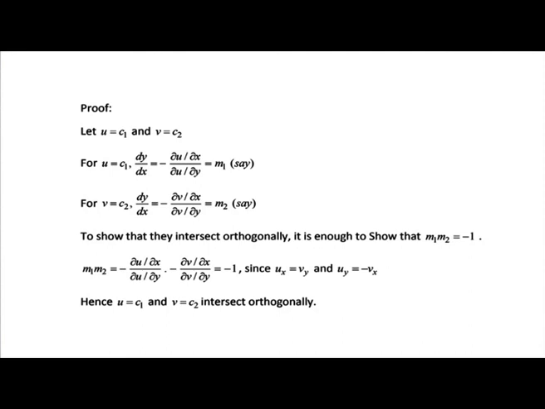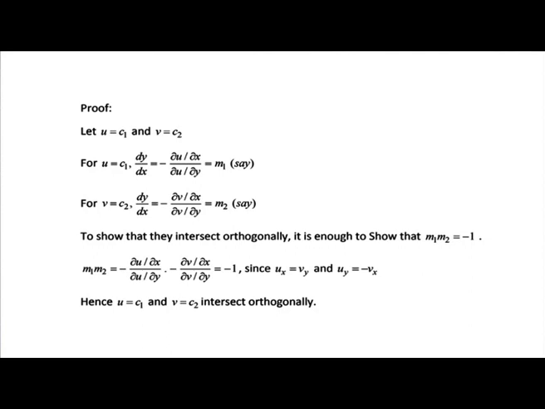Now, to show that they intersect orthogonally, what do you have to prove? You have to prove that m1 into m2 is minus 1. So, m1 into m2 in this case becomes minus dou u by dou x by dou u by dou y into minus dou v by dou x by dou v by dou y, which is nothing but minus 1. Why is this happening? This is because your f of z is an analytic function and hence you have your CR equations in hand.